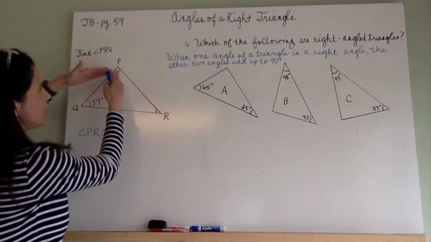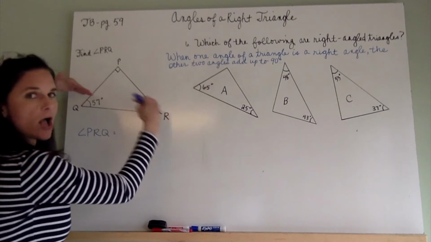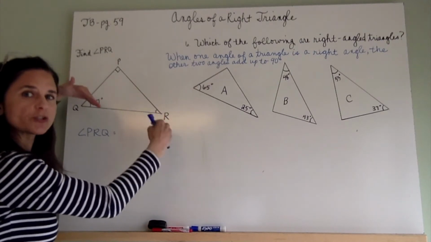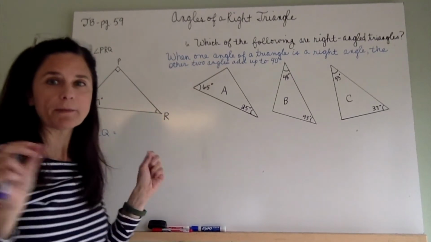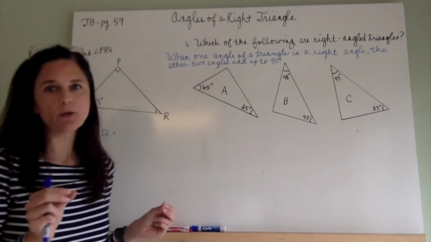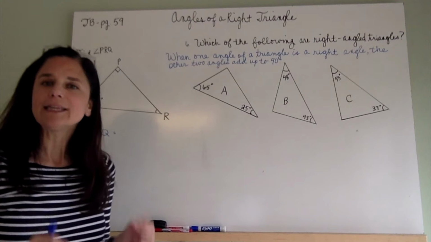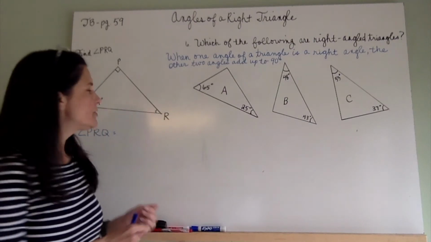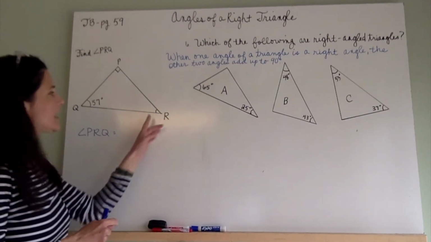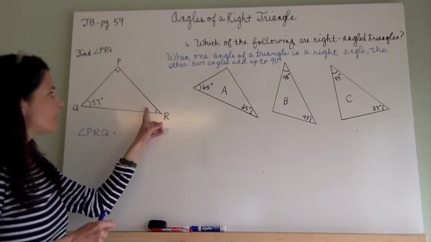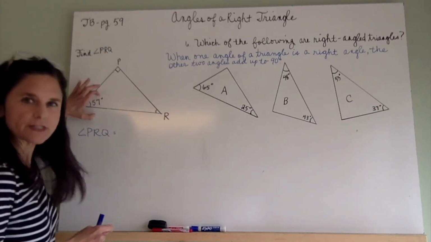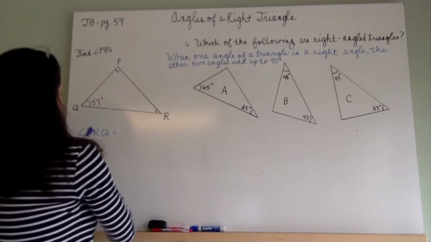Because remember, if this angle is 90, then the sum of these 2 angles should be 90 as well, going back to that first triangle property that we learned, that the sum of all 3 angles of a triangle equal 180 degrees. So the fast way to calculate angle PRQ is to just subtract 57 from 90.